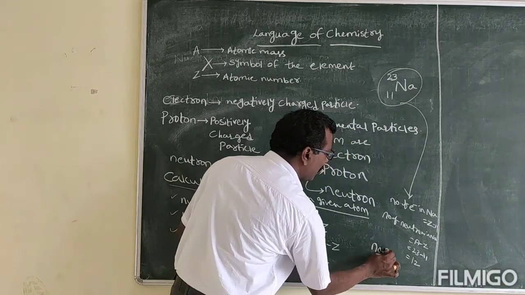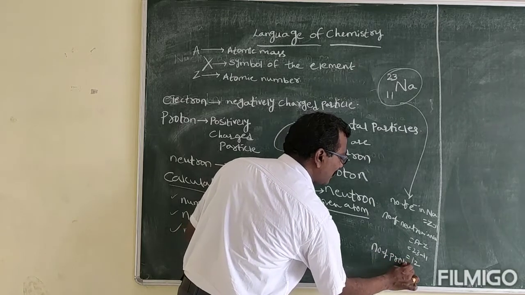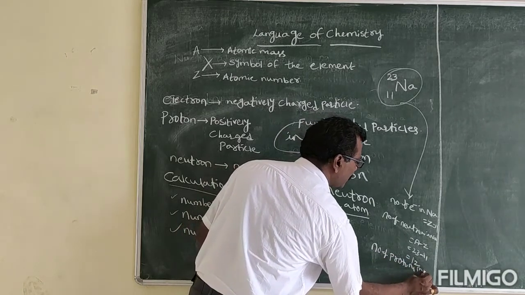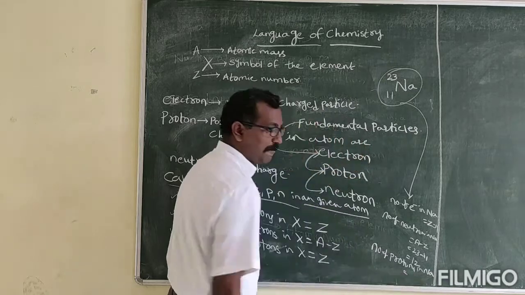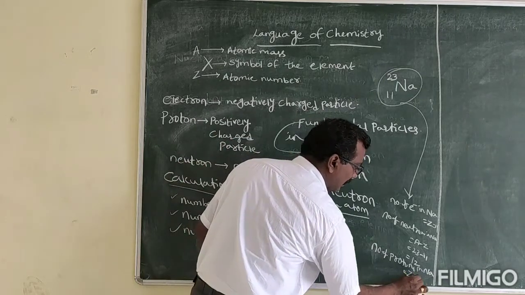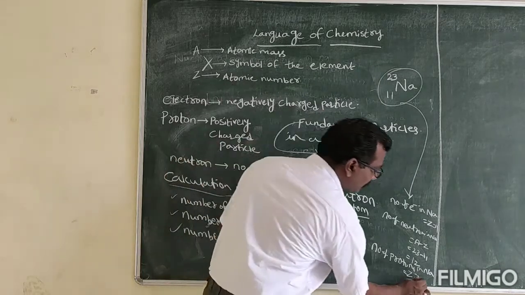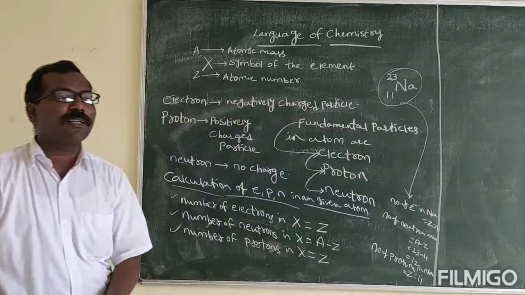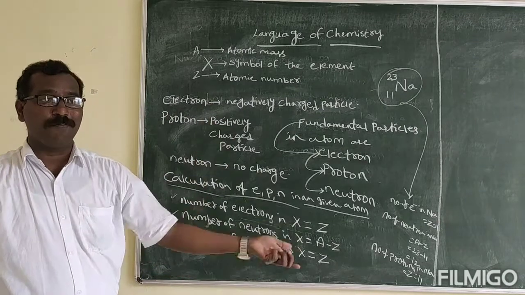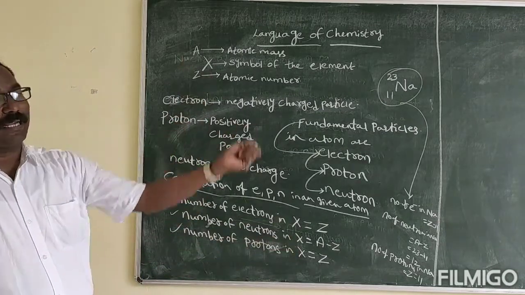Next, number of protons in sodium: Z, that is 11. So number of electrons and number of protons are the same in a neutral atom.